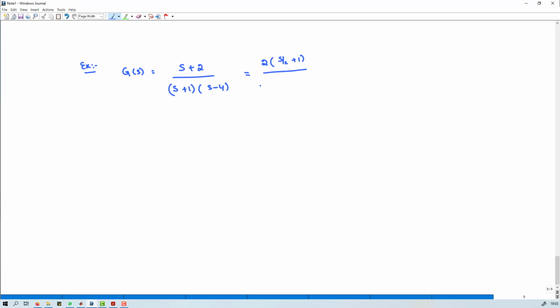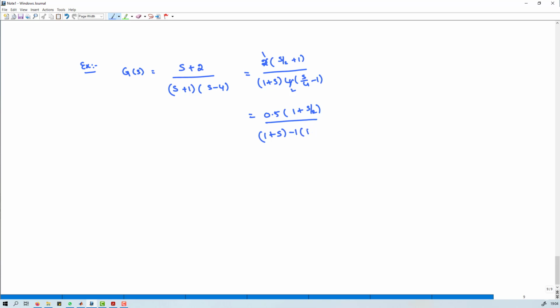If you are getting confused that way, you can convert into 1 plus form. That is, when you take 2 as common, this will become s by 2 plus 1. If you take 4 as common in the denominator, it will become s by 4 minus 1. So s by 4, and 1 by 2 is 0.5. So s by 2 is in 1 plus form, 1 plus s. Then here it is minus 1, you have to take common.